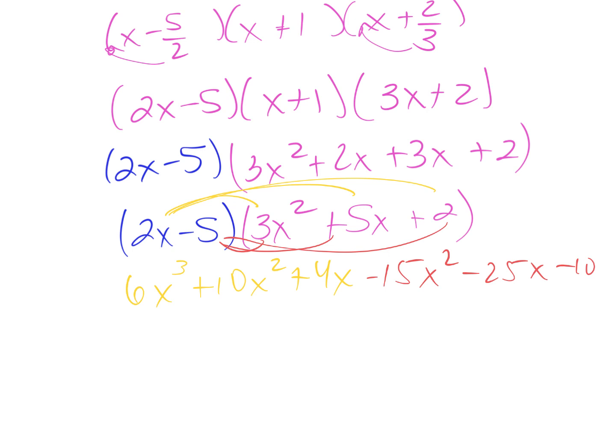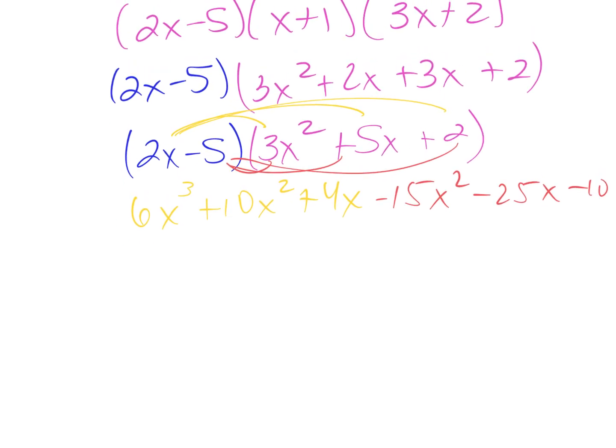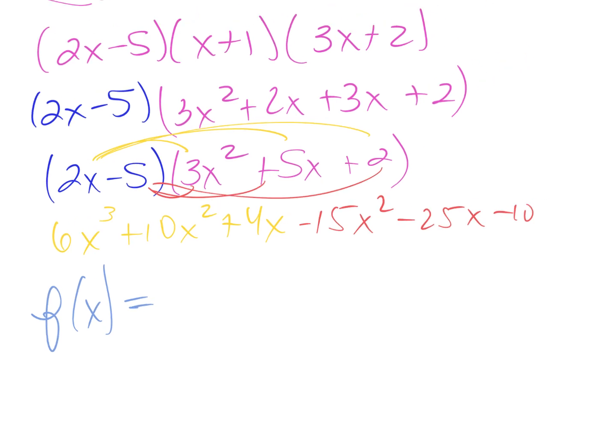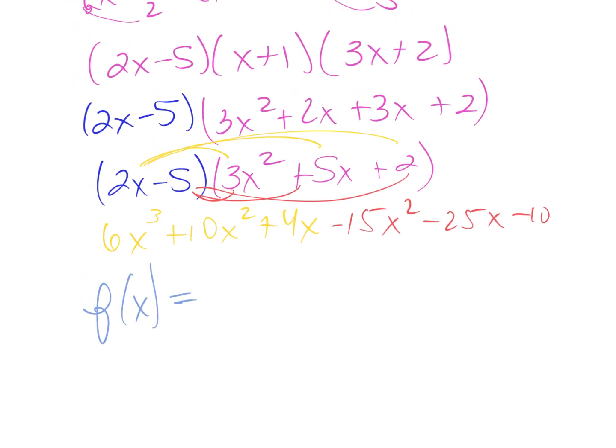Function notation: f of x, g of x, h of x, something. So I'm going to say f of x. Highest exponent I see is cubed. Is there anything else that has a cubed with it? No. So just get rid of your 6x cubed. Now combine like terms. Positive 10x squared and a negative 15x squared is minus 5x squared.